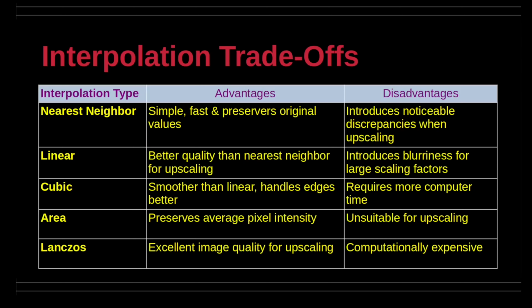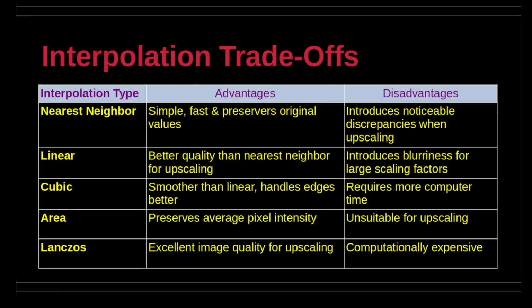The cons are can introduce blurriness, especially for large scaling factors. The next method is bicubic interpolation. The pros are produces smoother results than bilinear, handles edges better. The cons are more computationally expensive and can introduce ringing artifacts.